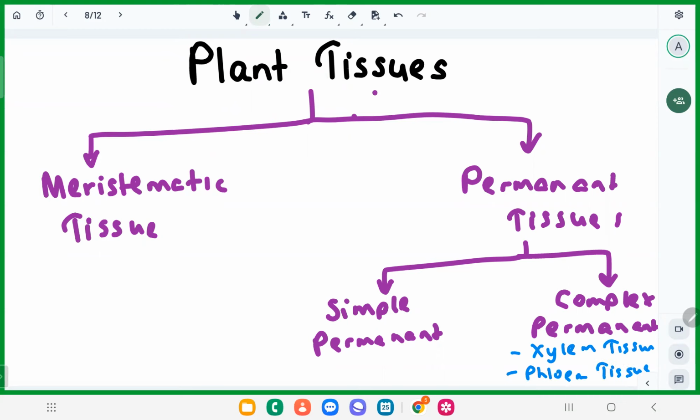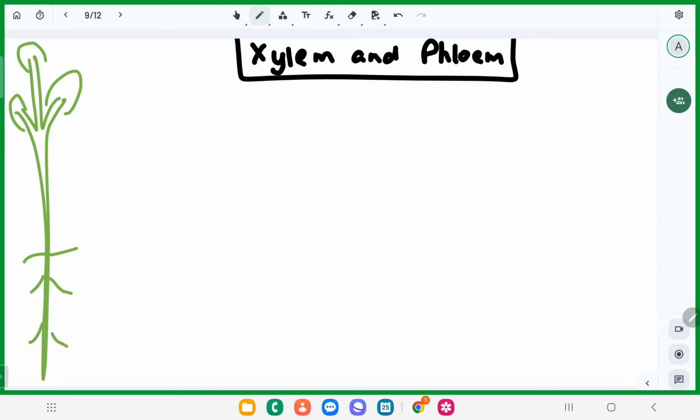So here's our plant. Here are our leaves and the roots. Now if you take a plant, the plant needs water, right? And there's water underground in the soil.